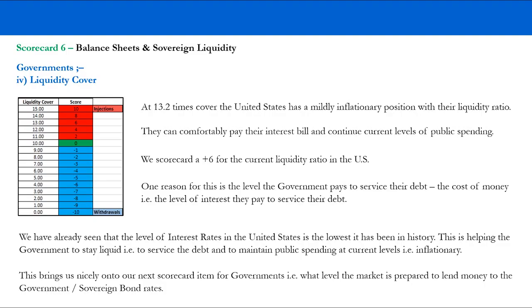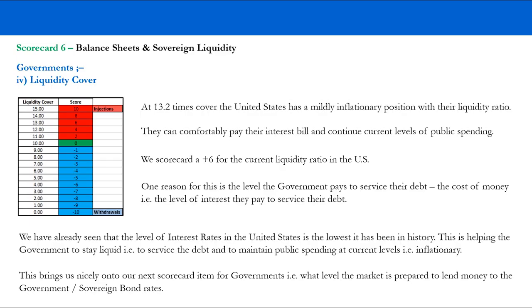The level of interest rate that they pay to service their debt is obviously important. We've already seen that the level of interest rates in the United States is the lowest it's been in history. And this is helping the government to stay liquid, as in to service the debt and to maintain public spending at current levels, so inflationary.